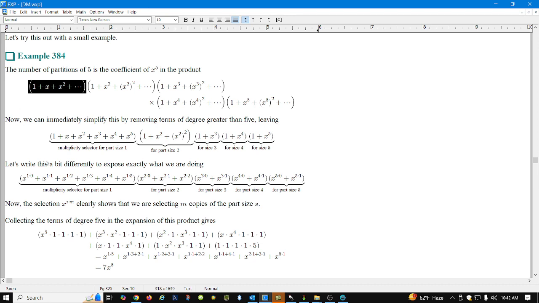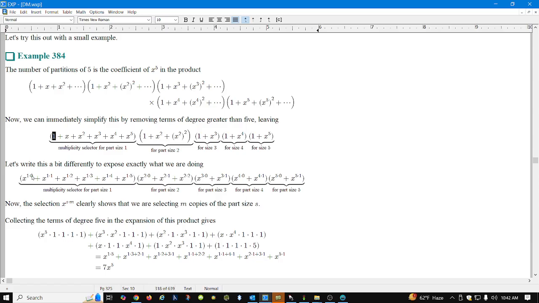Now I'm going to write this one time only, because it was a pain in the neck, a little bit differently to expose exactly what we are doing. So in this first one, for example, I have replaced 1 by x to the 1 times 0, because if we pick this term from this multiplicity selector for part size 1, we are saying there are no 1s.